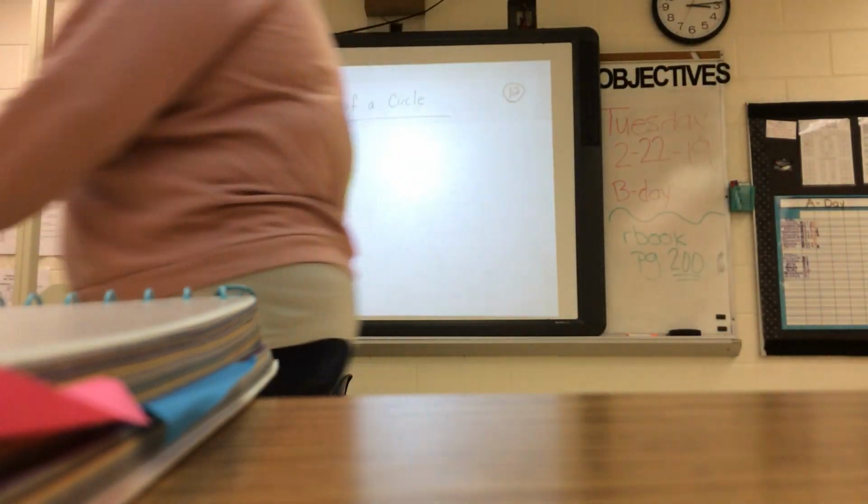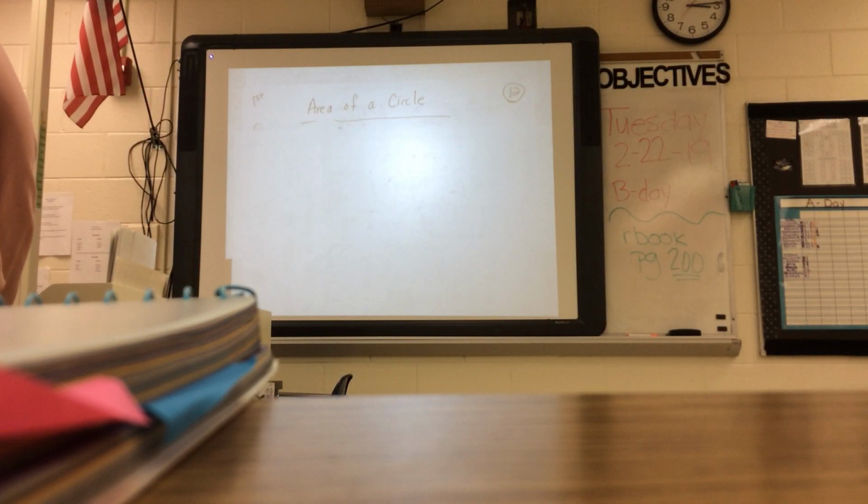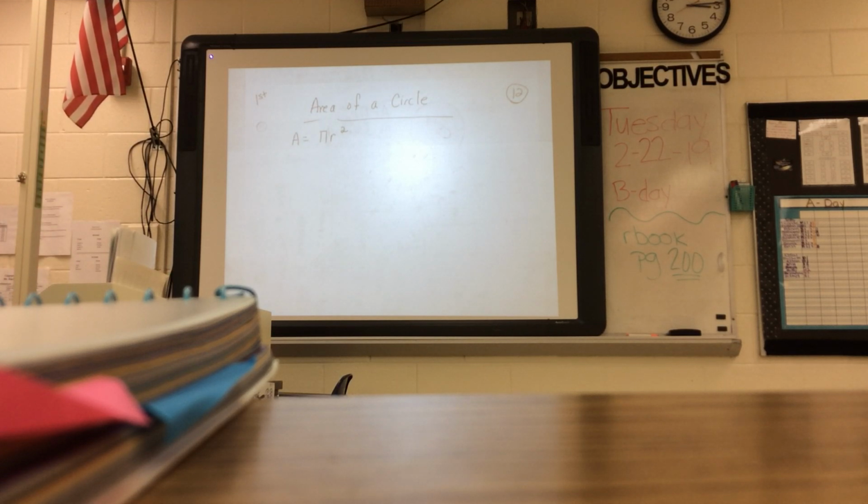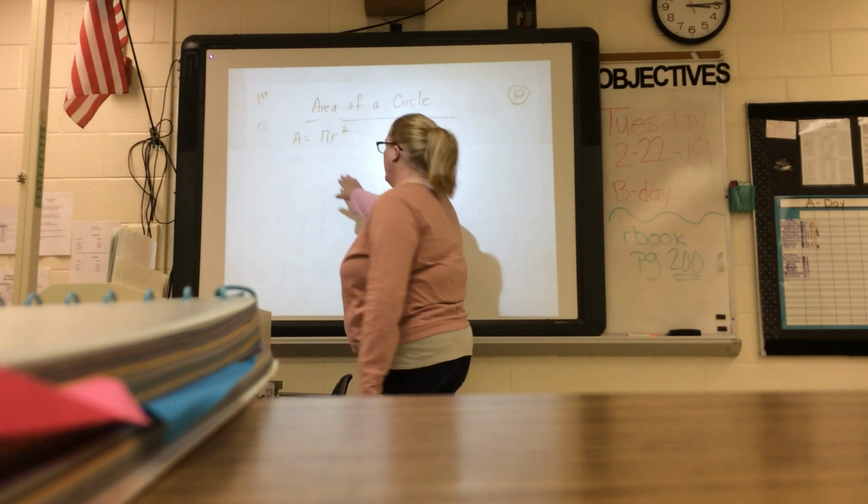All right, the next thing we're going to talk about is the formula. Everybody should have their formula sheet out that they were given. You received that about a week or so ago when we started on this. It has all the formulas for circles, rectangles and triangles. For this, our formula for area of a circle is A equals pi r squared.